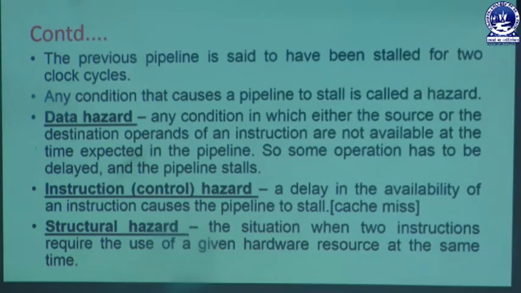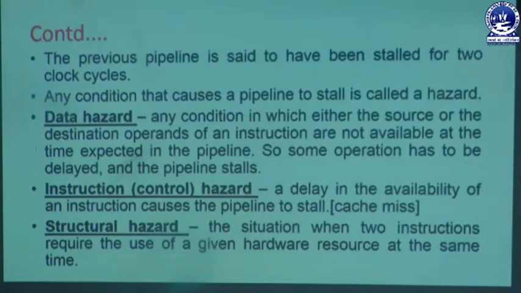So the first one is the data hazard. What do you mean by data hazard? Data hazard means a condition in which either the source or the destination operands of an instruction are not available at the time expected in the pipeline. As a result, some operations have to be delayed and the pipeline stalls.